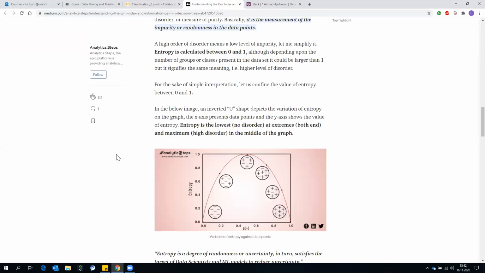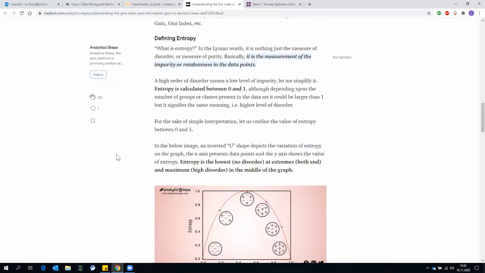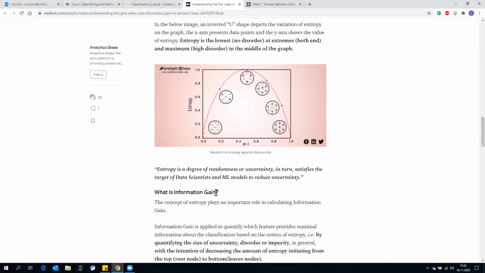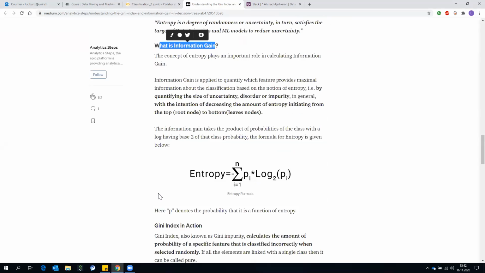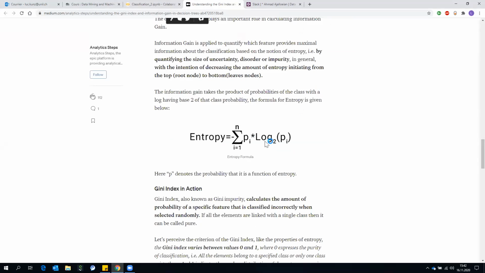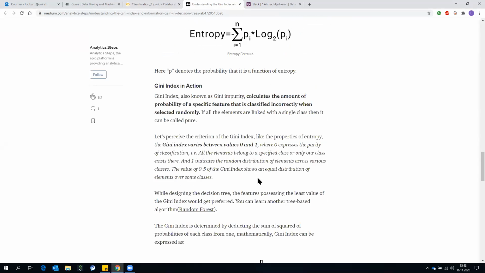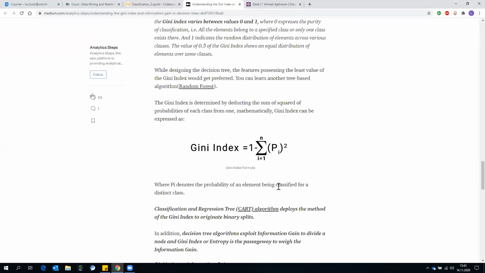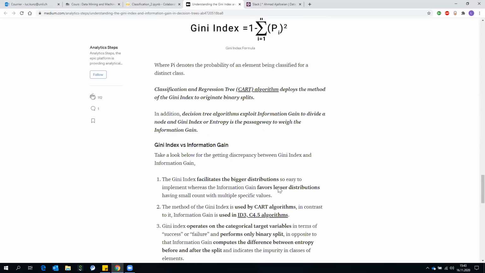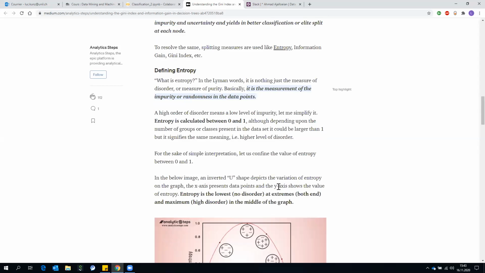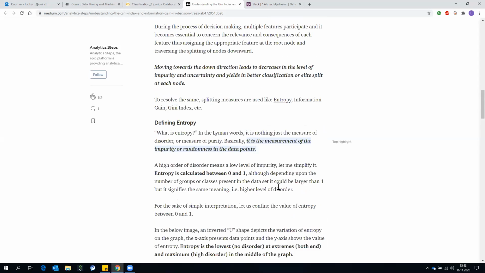Basically, information gain is like the reduction of entropy, the reduction of disorder, which is basically computed like this, and the Gini index is something like this. As it's written here, it is the measurement of the impurity or randomness in the data points, the entropy.